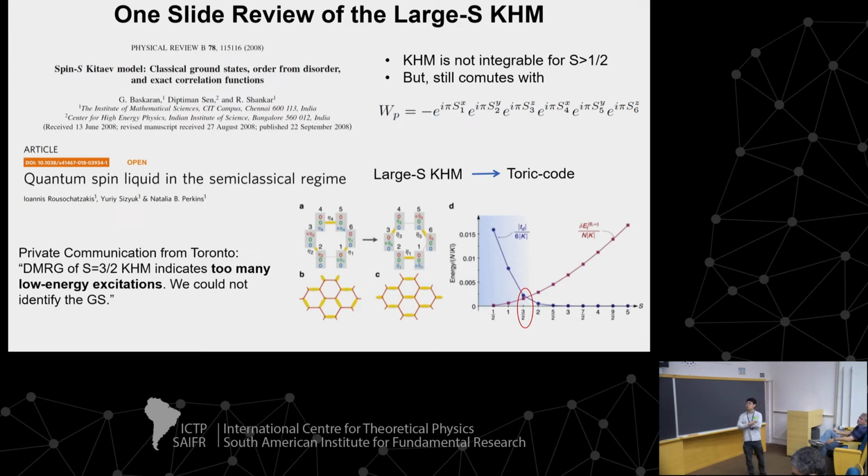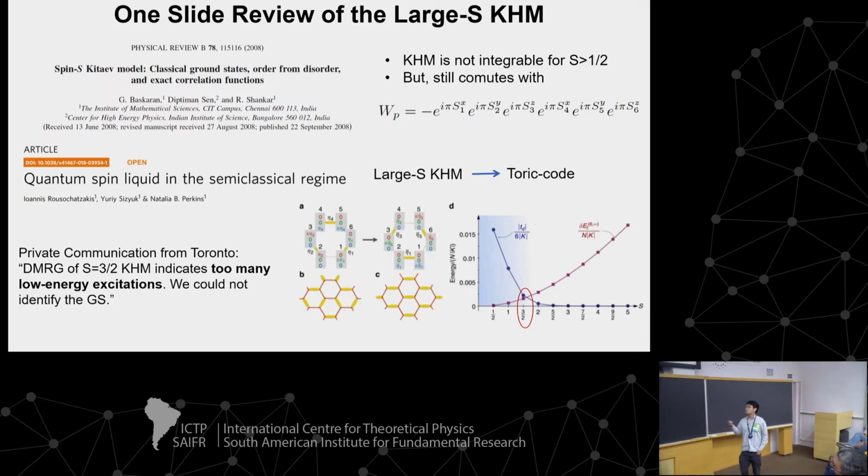And we had some contact with Hae-Young Kee's group in Toronto, who tried to do DMRG simulations of the model and said that they could not identify the ground state because they found too many low energy excitations with this method.